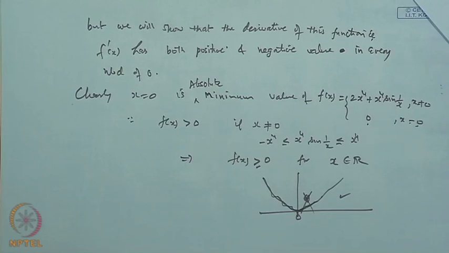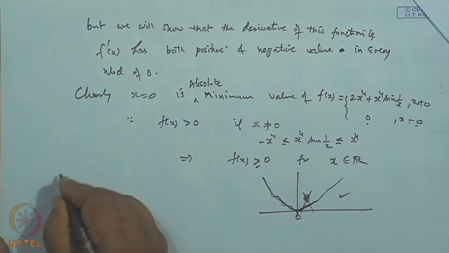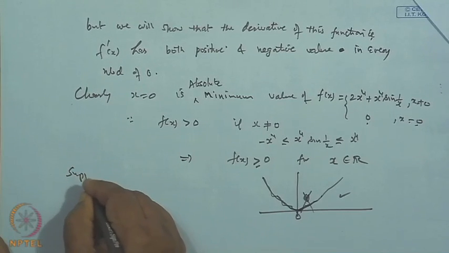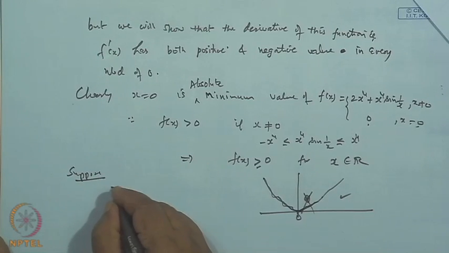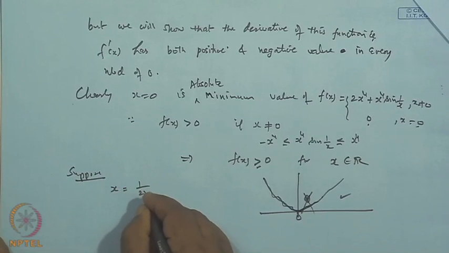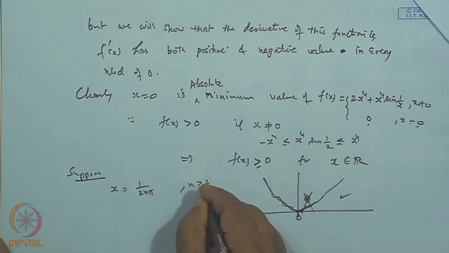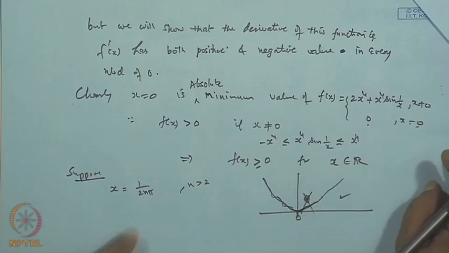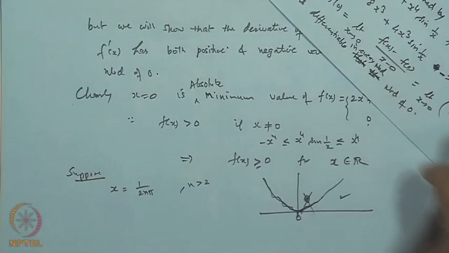Suppose I take x equal to 1 over 2 n pi, n greater than 2. Then what happens? The derivative of this function is defined like this.